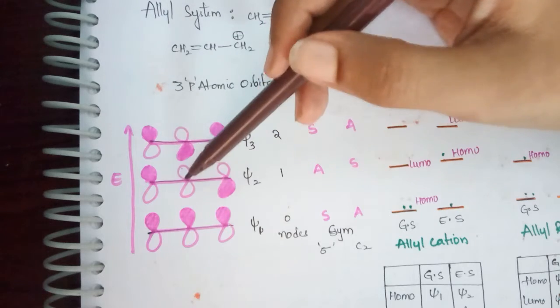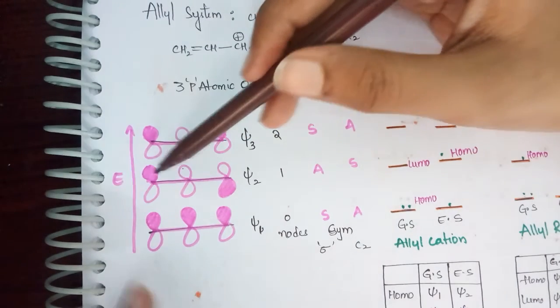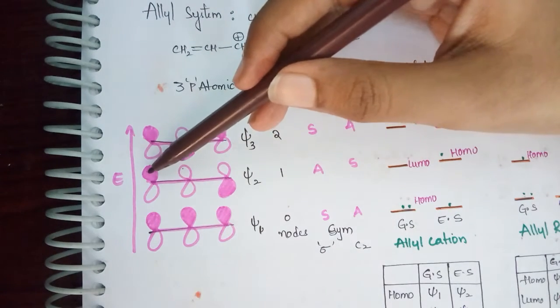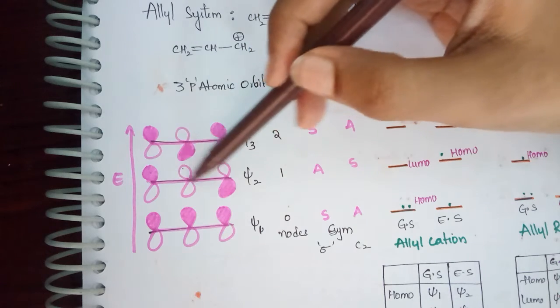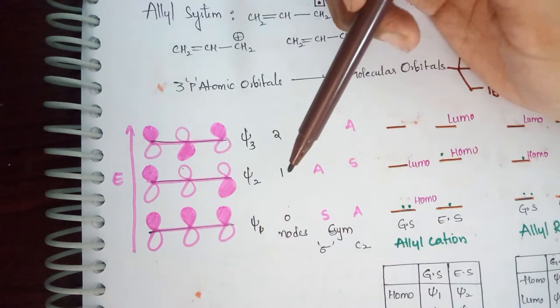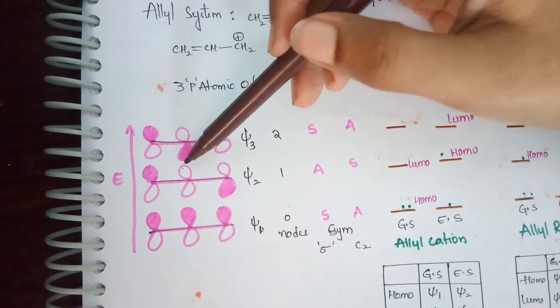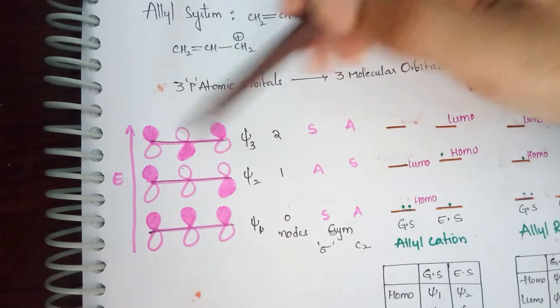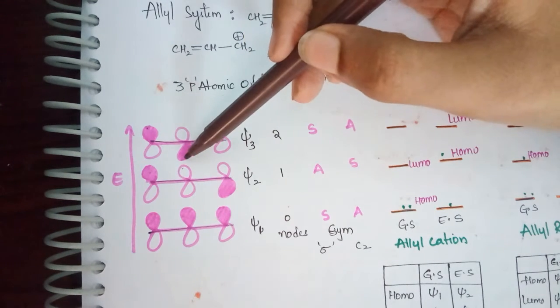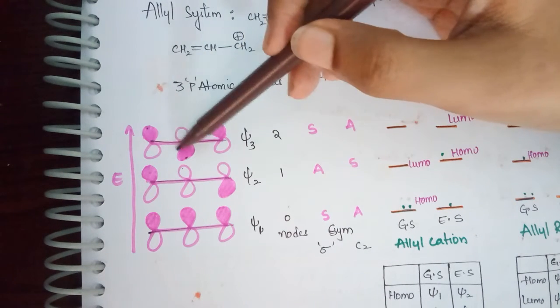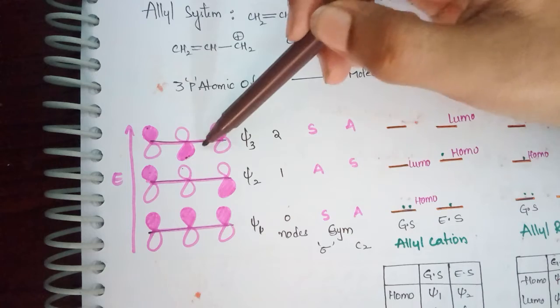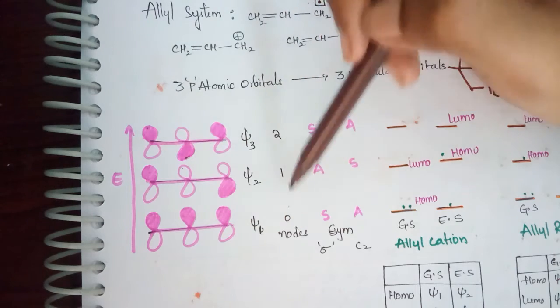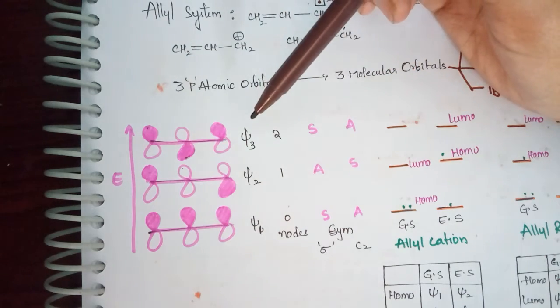Here you have shaded above and here shaded below, designating a single node. In the third, all 3 are written alternately, one above, below and above. Here you will have one node, here a second node, so 2 nodes. In this way you have to write by increasing the number of nodes.